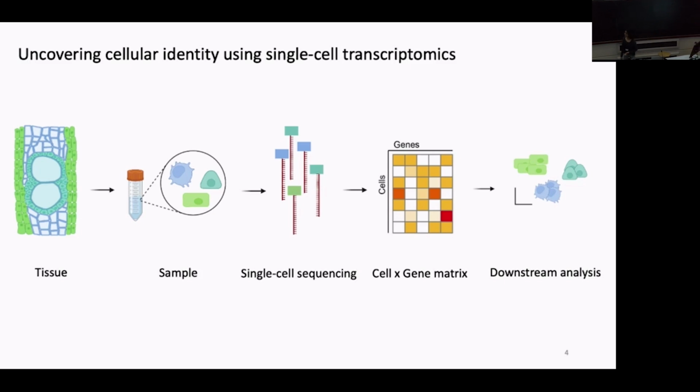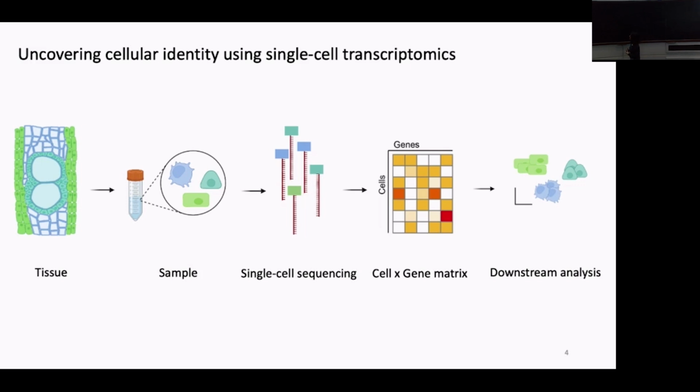With single-cell technologies, we take a sample from a tissue, and then we are able to sequence the genes, for example the transcriptomes, within each cell individually. These transcriptomes can be used as a measurement for similarities or differences across cells.